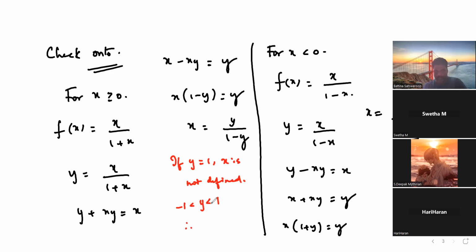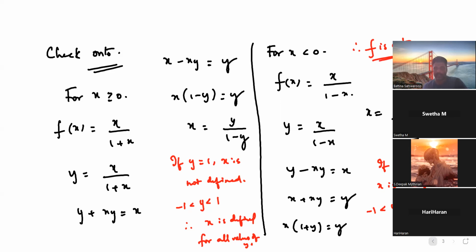So therefore x is defined for all values of y. Same thing here also. If y is equal to -1, x is not defined. But y is lying between 1 and -1. Therefore, here also it is defined for all the values. So therefore, I can say f is onto.